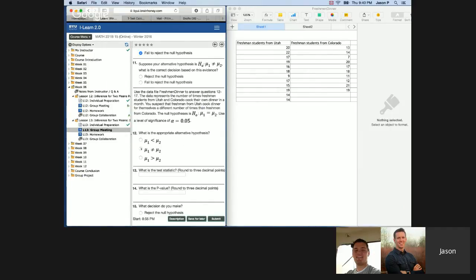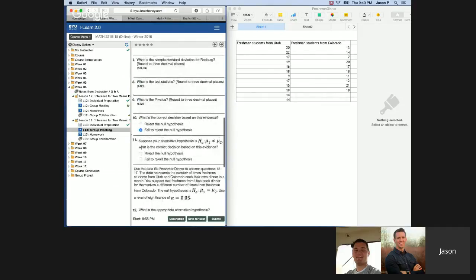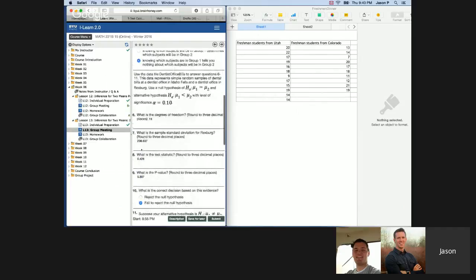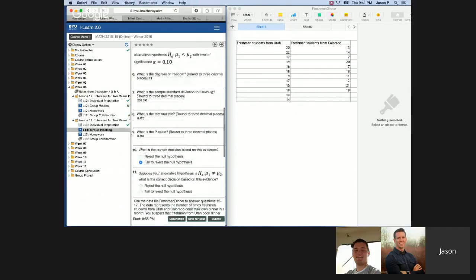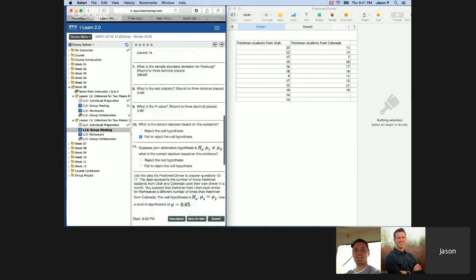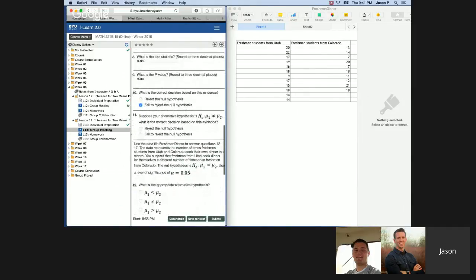Okay, scroll up to what we had before, the dentist office bills. The null is equal and the alternative is greater than. And that means that for this one, mu1 would be greater than mu2 because we have more numbers than mu2. Does that make sense? So set 1, which is Utah, is going to be a larger number than set 2, Colorado.